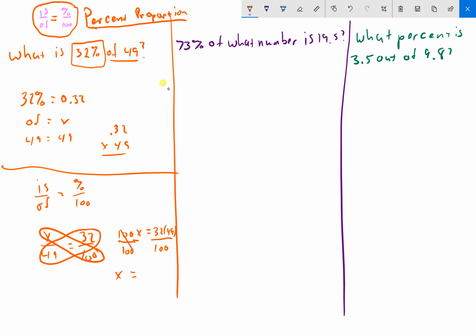If I were to divide the 100 into 32, I'd get 0.32 times 49. And if you'll notice, 0.32 times 49 is exactly what I had up there. And 0.32 times 49 is 15.68. So you get the same answer.